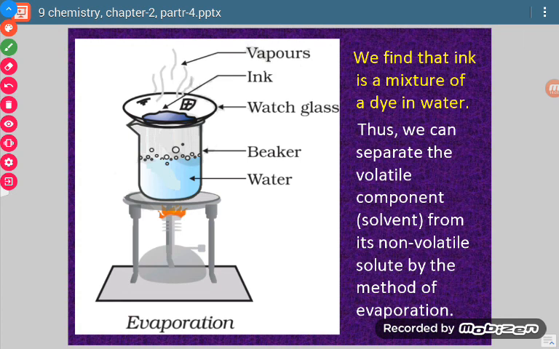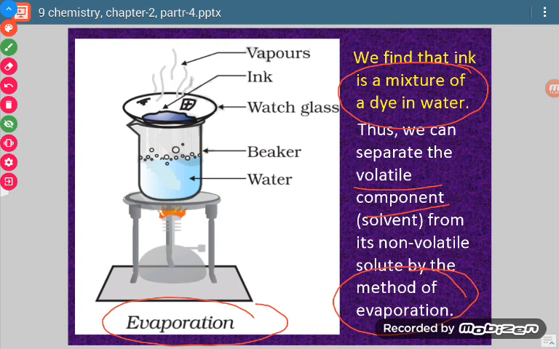We will find that ink is a mixture of dye in water. So dye is the solute and water is the solvent. Now we can separate the volatile component from the non-volatile solute by the method of evaporation. So this method which we have used is called evaporation.